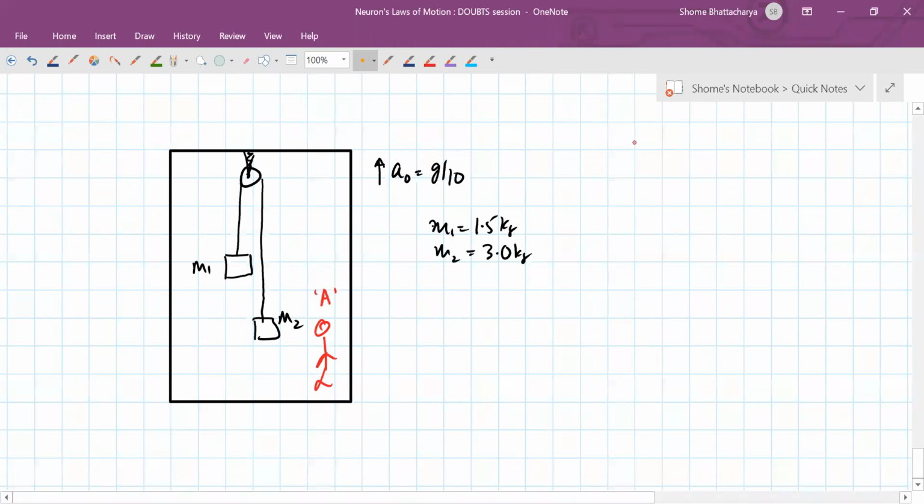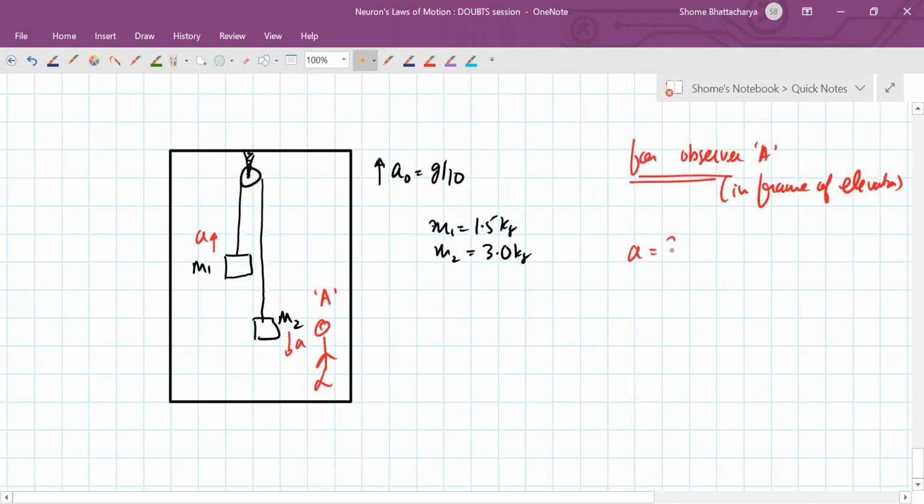Okay. So for observer A, who is in the frame of the elevator, what we had seen is that the acceleration of this body was a upwards and this was a downwards. That acceleration, let's find out what it was.